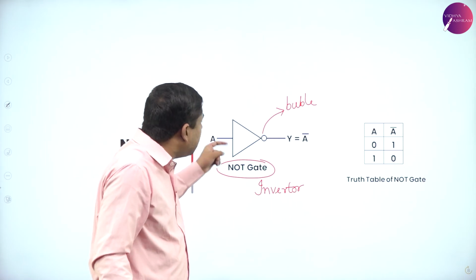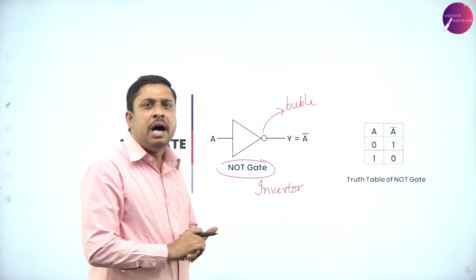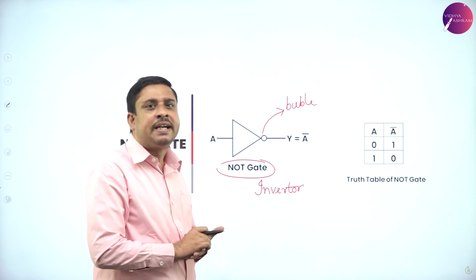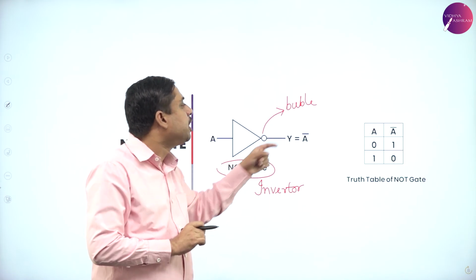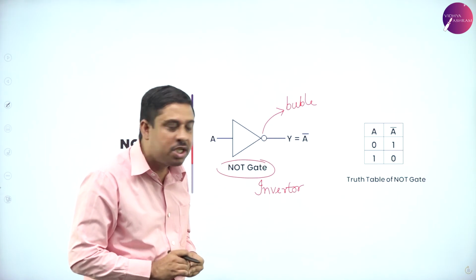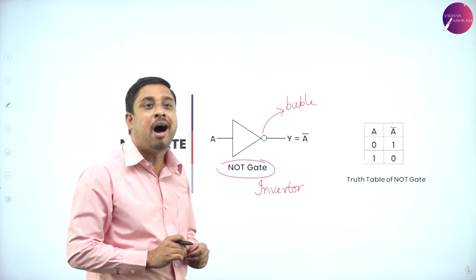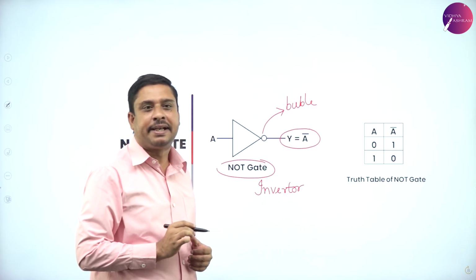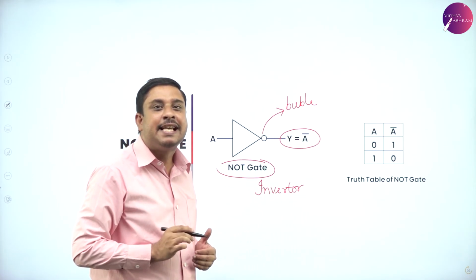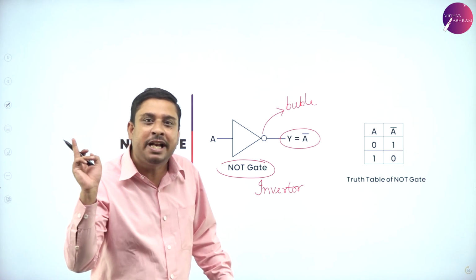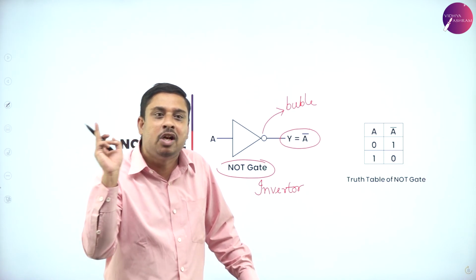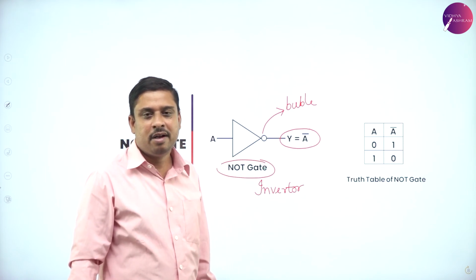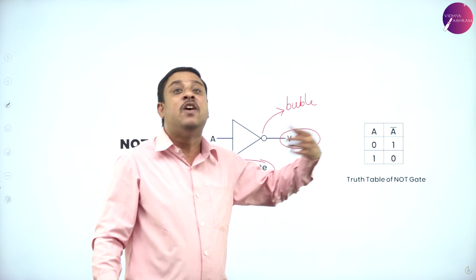So clearly you observe here a NOT gate, which is called the inverter gate, has only one input as well as one output. So Y equals A complement. A bar is the expression. So whatever input is fed to the NOT gate, the output will be the reverse of that. The output will be the inversion of that.